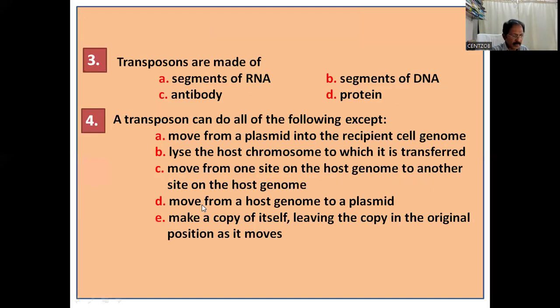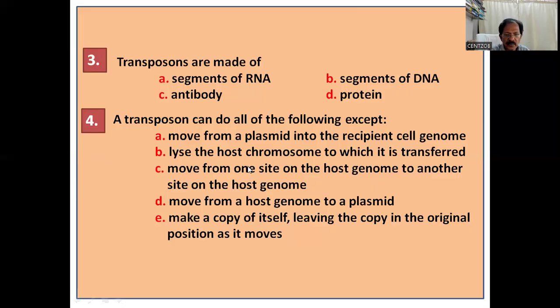Okay. Then, transposons are made of segments of RNA, segments of DNA, antibody, protein. The answer is segments of DNA. A transposon can do all of the following except: A, move from a plasmid to the recipient cell genome.